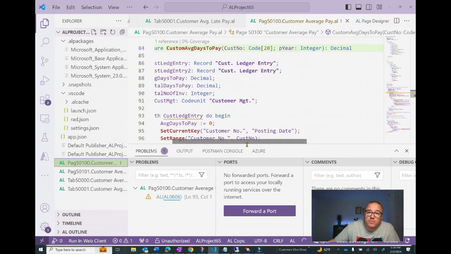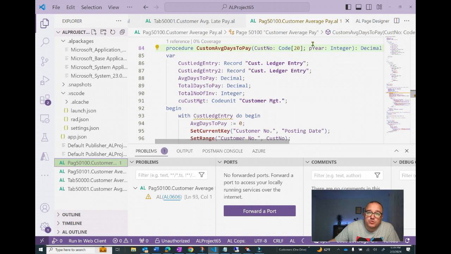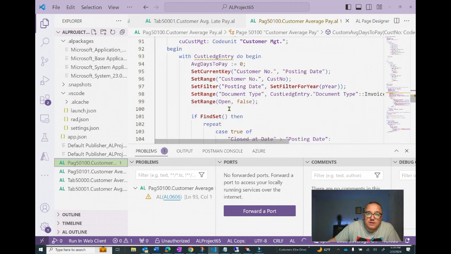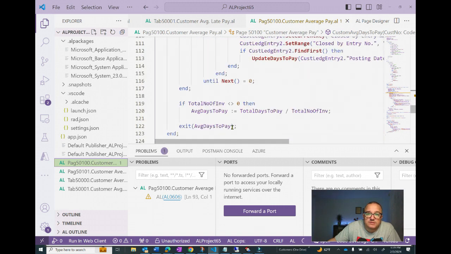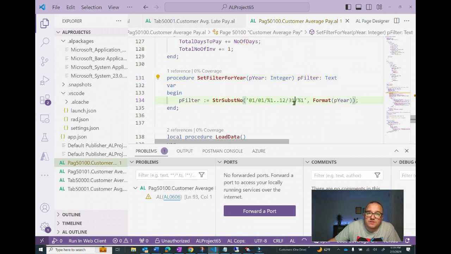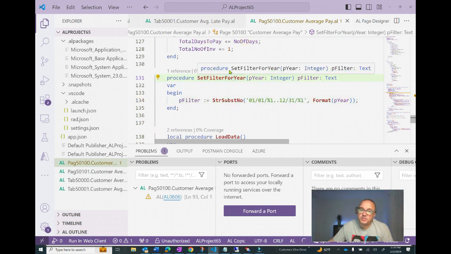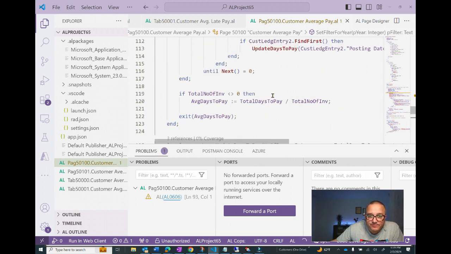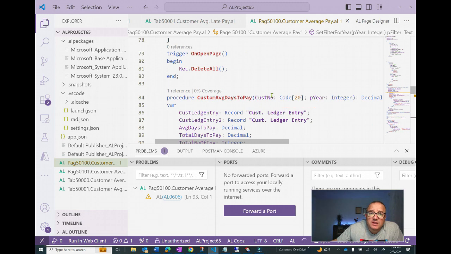I just added one more parameter to look at transactions that happened in that specific year, and set filter for year is also a little bit changed in my code. It will build a filter for that current year, and that's the average days to pay.